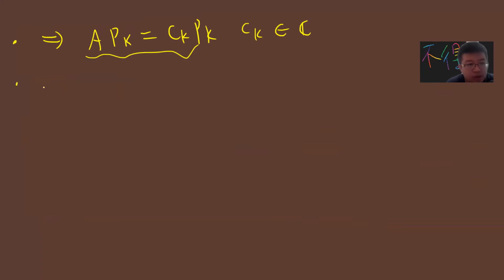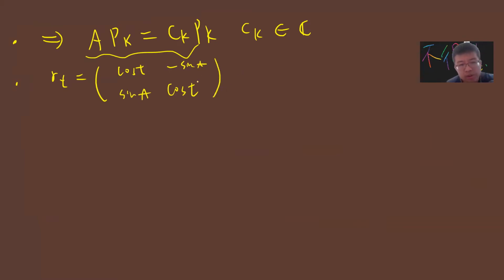So that's the first part. The second part is, let's consider R_t to be the matrix with cosine t, minus sine t, sine t, cosine t. For easy understanding, this R_t belongs to SU2, so basically it's a subset of SU2.